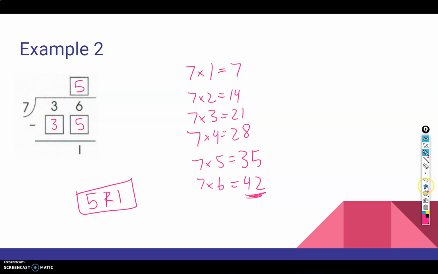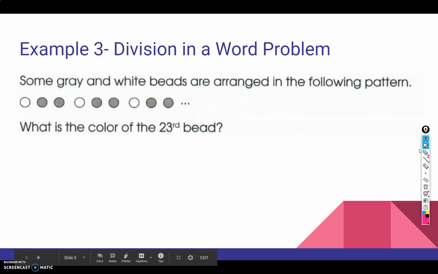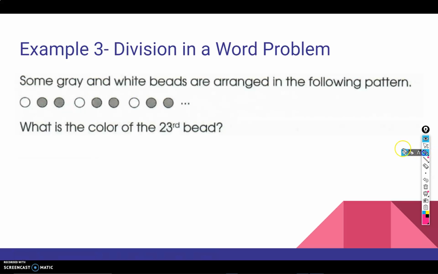Alright, for our last question, let's do division in a word problem, alright? Some gray and white beads are arranged in the following pattern. What is the color of the 23rd bead? Let's analyze the drawing they give us. We can see that this is a recurring pattern in groups of 3, right?